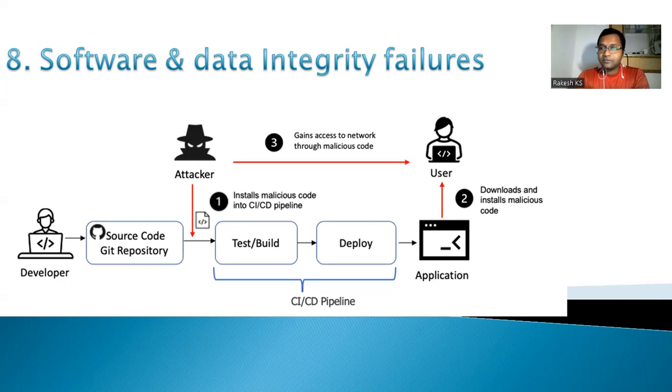When he gets into the pipeline, he can get access. He will send malicious code instead of the original code, which is more vulnerable. This is how the attacker gets into the user's data or the applications. Software integrity is also the biggest problem nowadays.